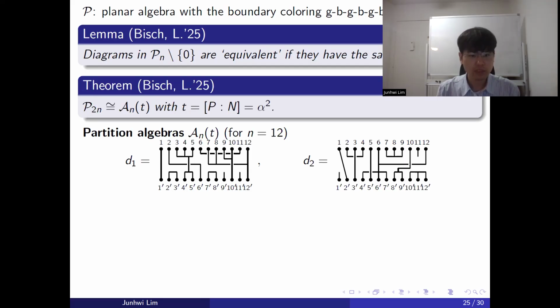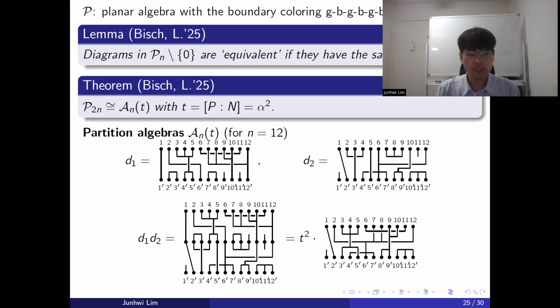And the multiplication of the partition algebra is defined by stacking a diagram on the top of the other. And if this creates an isolated component, we replace by a scalar t. In our case, the t represents the index of p over n, which was alpha squared.